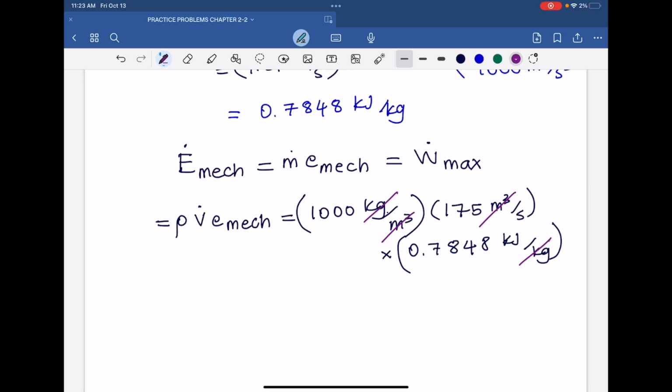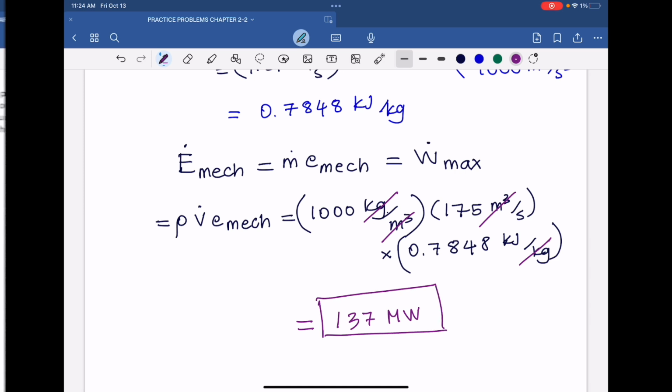And if we divide that by 1000, it should be in terms of megawatts. And let's do it. All right, that's the final answer. Basically, that is the power potential of that river.